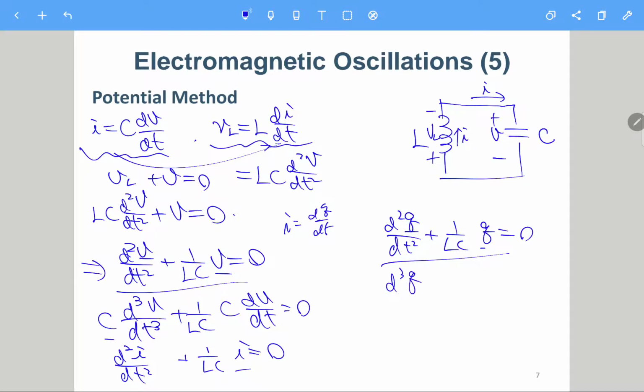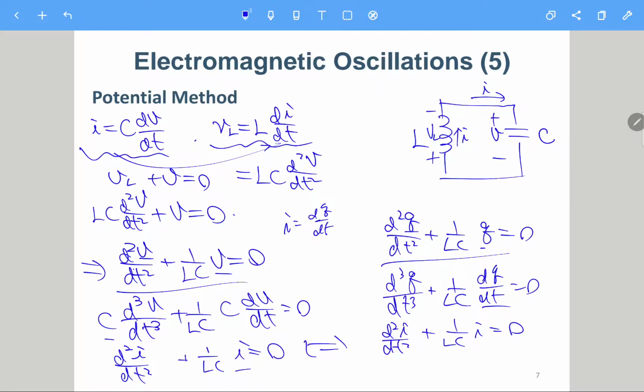You can see you have d3Q dt3 plus 1 over LC dQ dt. So this is I, so this is 1 over LC I plus d2I dt2 equals 0. So these two are the same. So you can just take the derivative, multiply some constant, and then you'll see that they are actually equivalent to each other. As much as this is a linear circuit, no matter which variable you use, you can still write the same ODE.